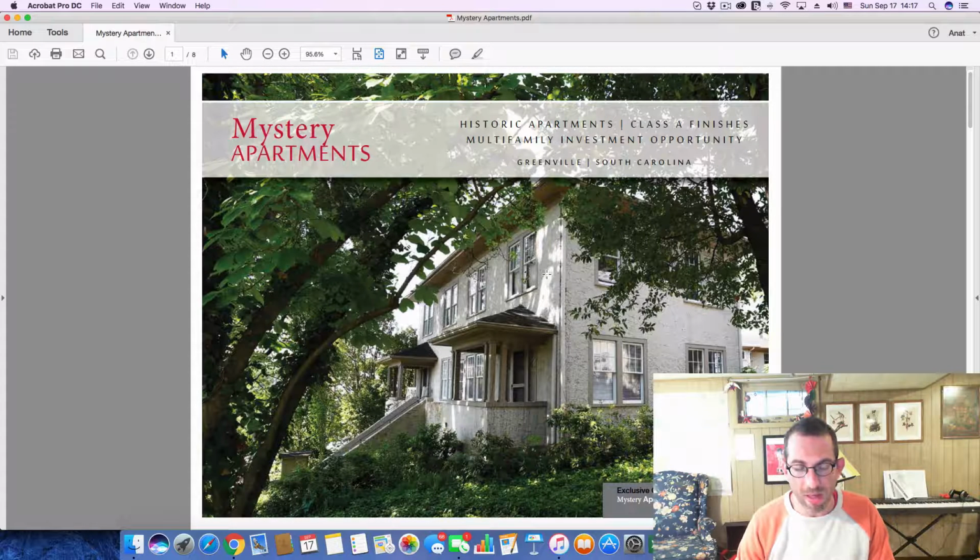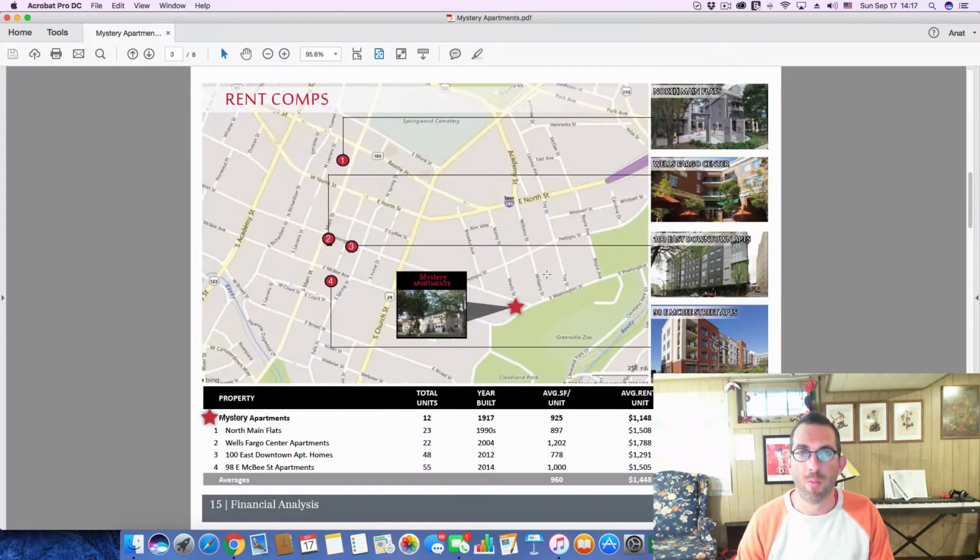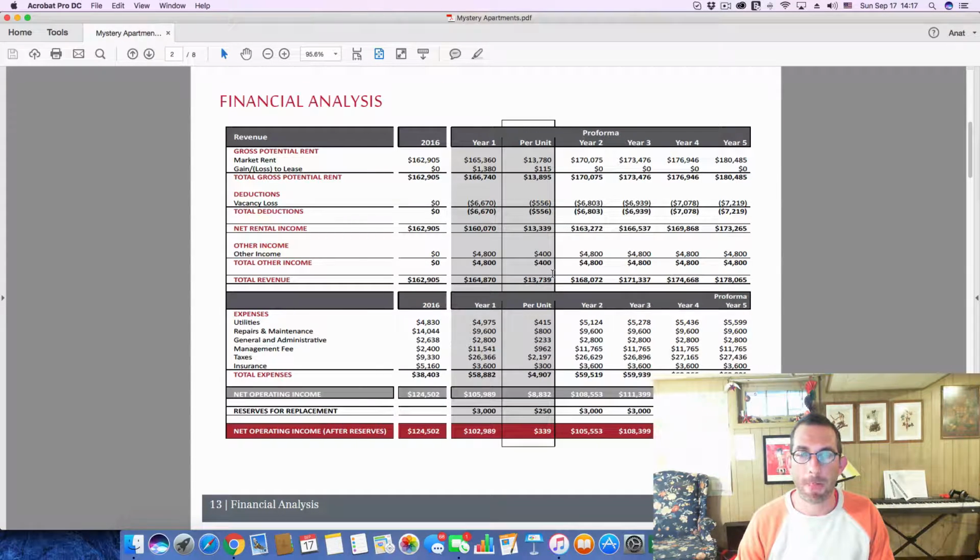So how do we get to figuring out what the cap rate would be and what the value as a result of that is if you're not getting any of that information? Well, let's start by looking at what cap rate is. Cap rate is the NOI divided by the value of the property.